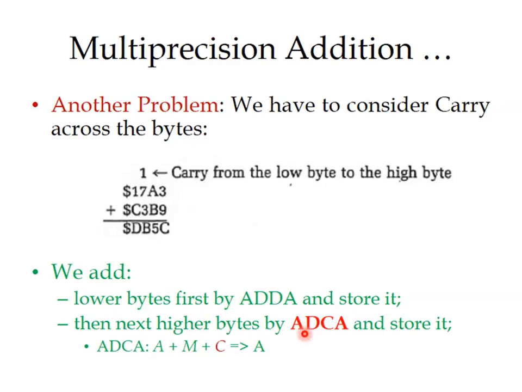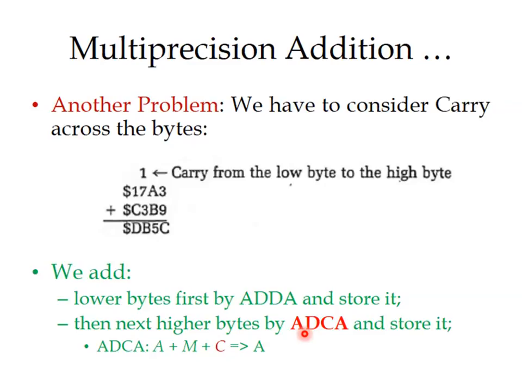Why is this? Because when you are adding the higher byte, it's possible that when you did the lower addition, you had a carry, and now you want to add that carry. Remember, you will always have a carry, even if it's not a carry of 1, you might have a carry of 0. We know we don't have to add a carry of 0, but no matter what carry you have, you always want to add it just to be on the safe side.